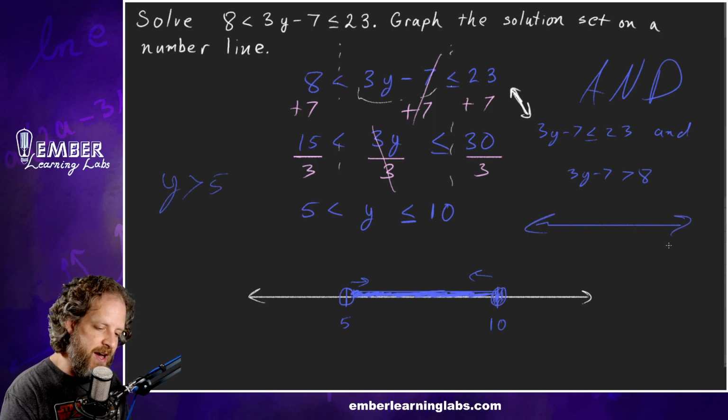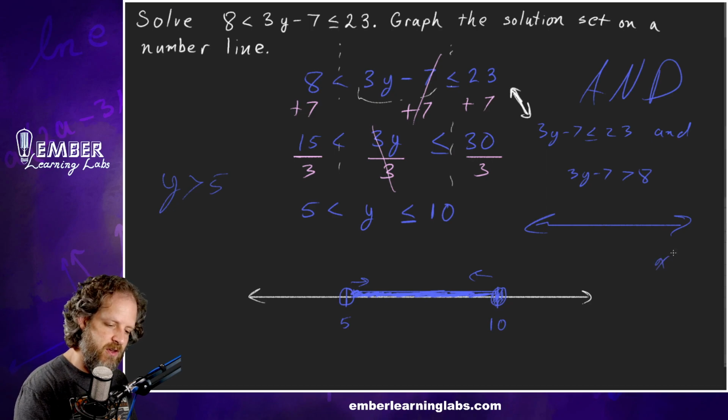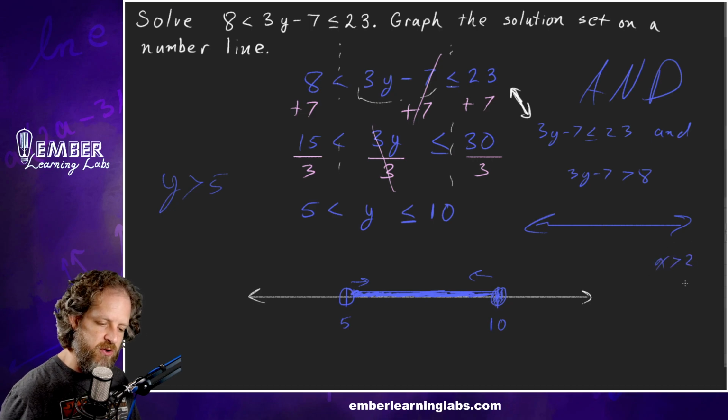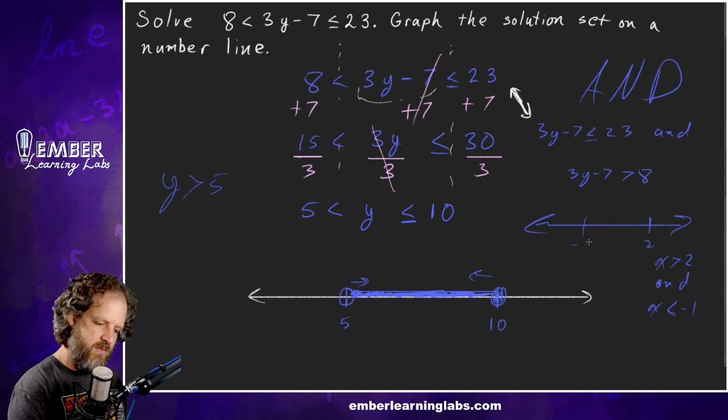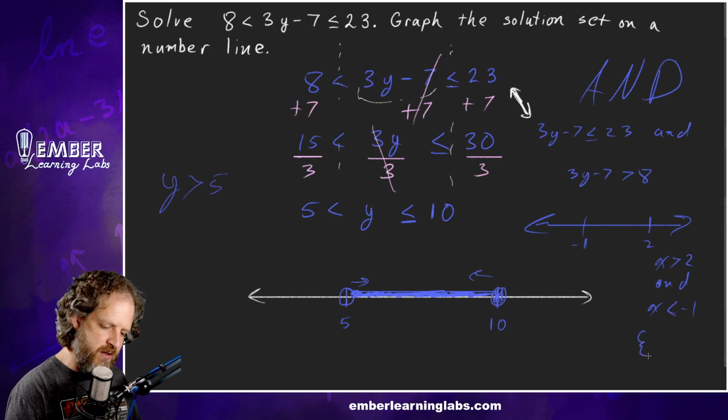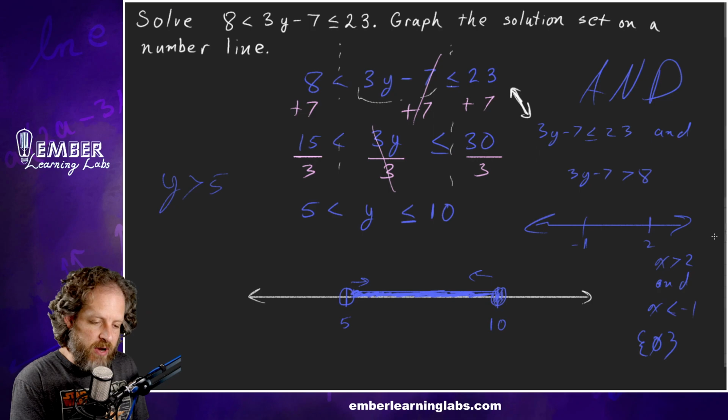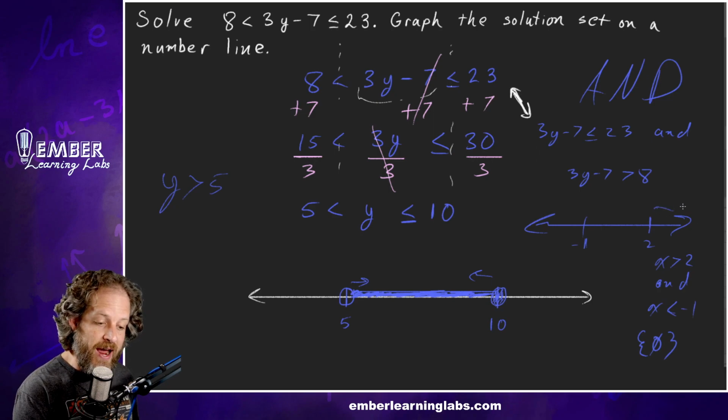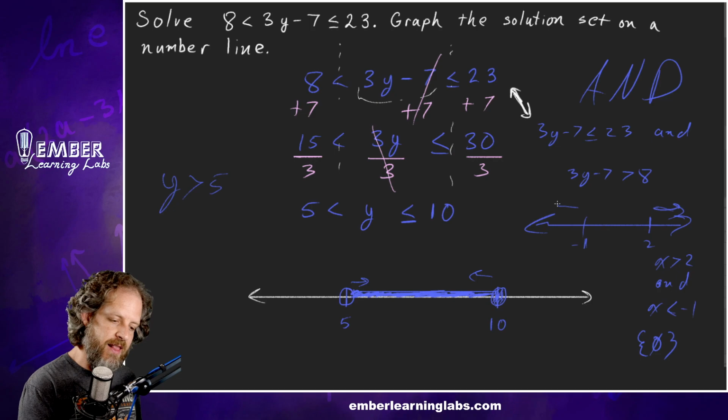So like if we got x is greater than 2 and x is less than -1. So we've got 2 and we've got -1. If this was the problem and it was written this way, we would end up with a solution that is the null set, because there are no numbers that are both greater than 2 and less than -1.